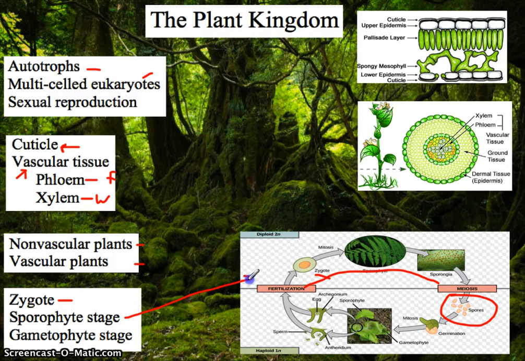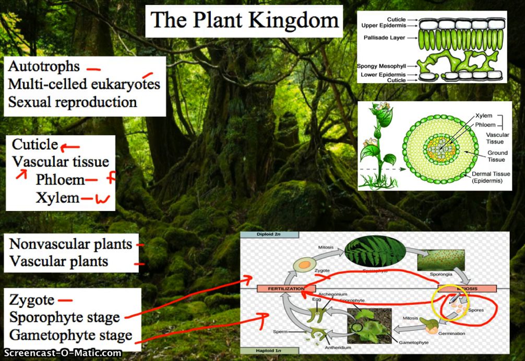Sporophyte stage is going to be up here. And from the production of the spores all the way through to the actual fertilization of the egg is going to be the gametophyte stage.